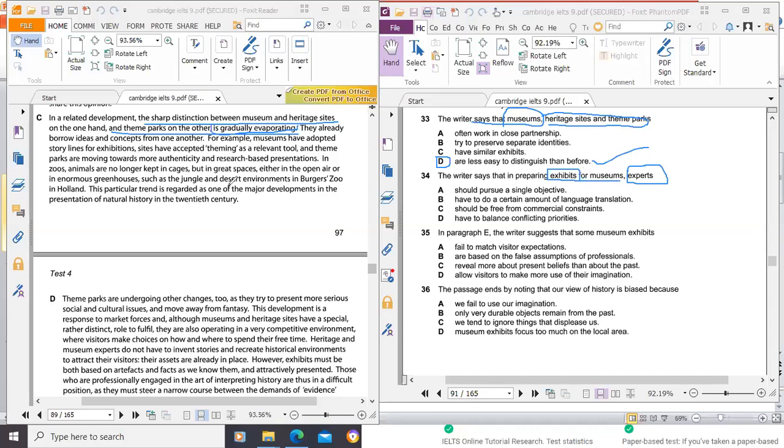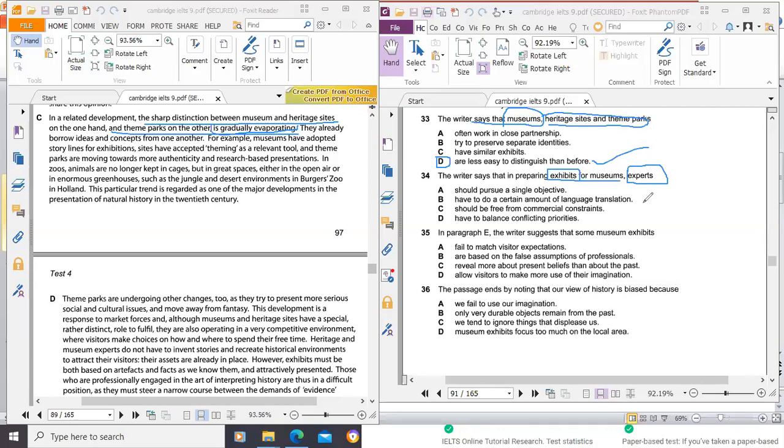They're likely going to talk about exhibits for other things as well as museums, but that is what we are looking for: exhibits for museums, and then what experts should do.